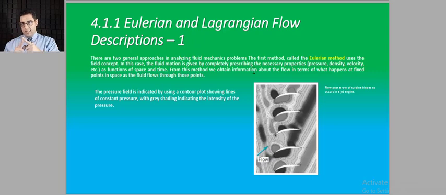by utilizing measuring devices located at specific locations. It means that we can obtain the information about the flow in terms of what's happening at fixed points in space as the fluid flows through those points.